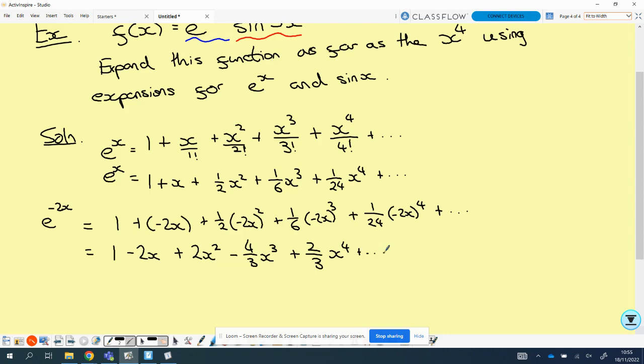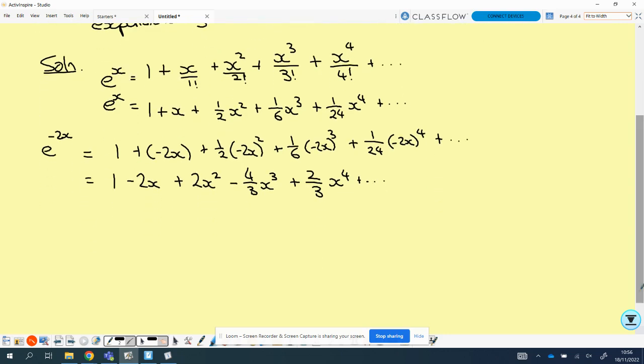Okay, so that allowed me to do the e to the negative 2x a lot easier because I knew what the e to the x was. Even if the question doesn't give me a clue, I'd have expanded e to the x first using Maclaurin's theorem and then just substituted negative 2x into it, okay? So that's the first expansion done. I'm going to put a wee star next to that to say that that's the first one done.